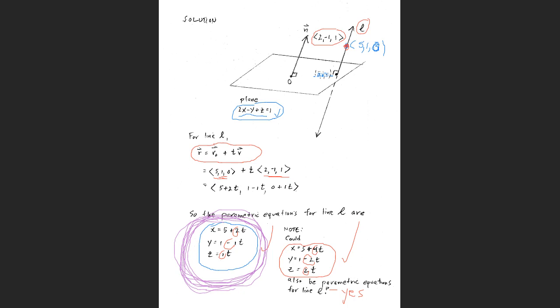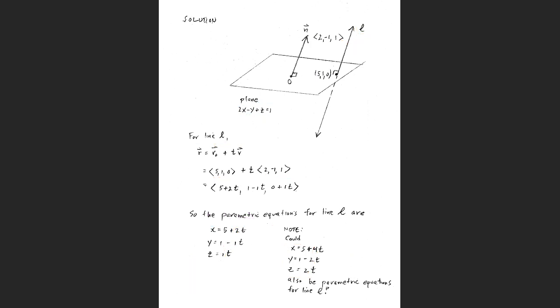That's right. This line L, these parametric equations, we know that line points in the direction 2, -1, 1. We know that line is parallel to this vector here, 2, -1, 1. So could this line be a horizontal line?